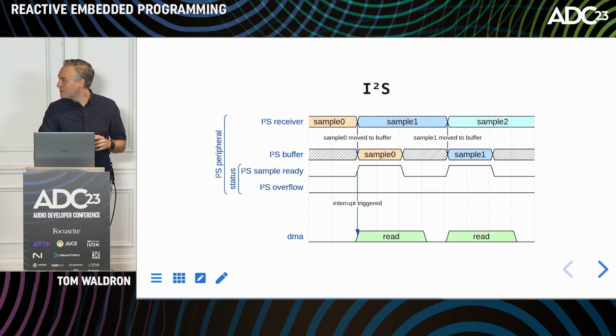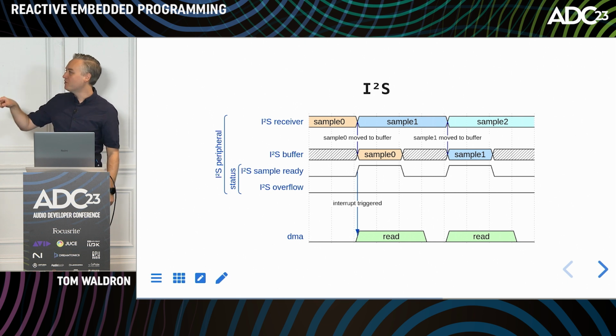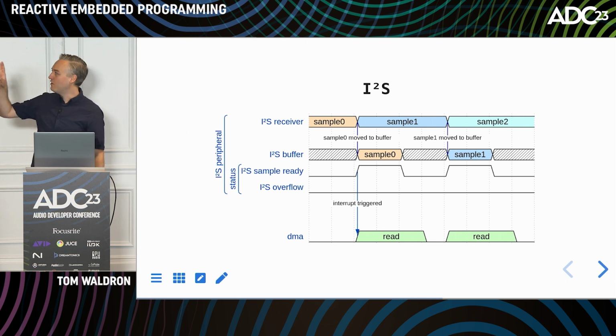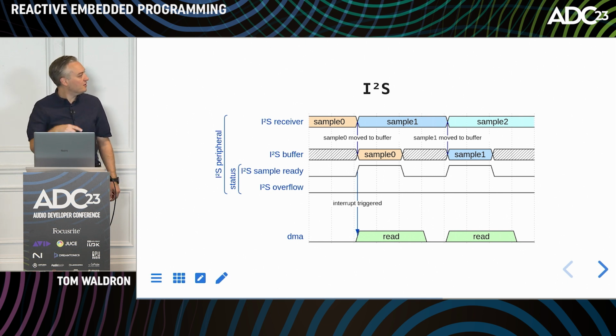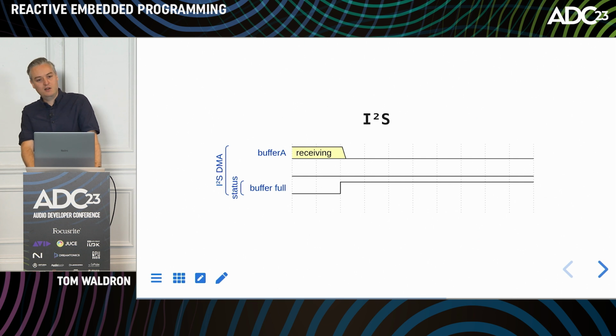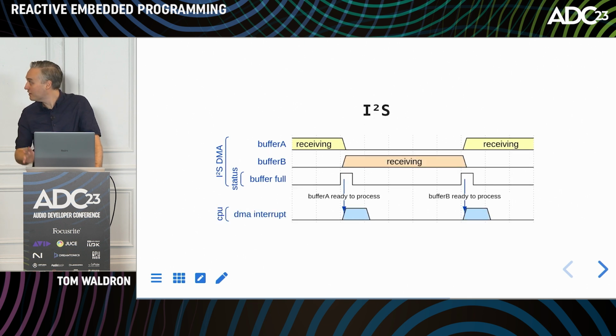So I'm going to grab the DMA and get the DMA to service this interrupt for me. DMA is direct memory access. It's essentially another peripheral which gives our I2S peripheral direct access to the RAM. So the I2S can write its data straight into the RAM, which is really handy because I can leave that to run, and when we've got a whole buffer of data ready, I'll get this interrupt instead.